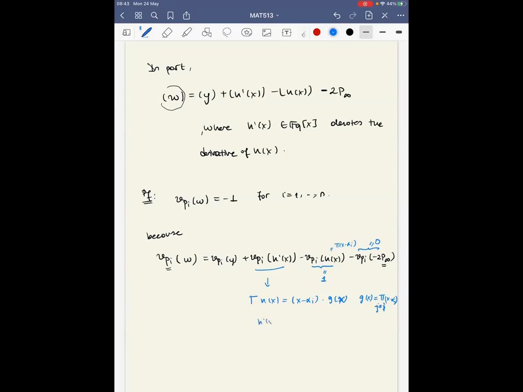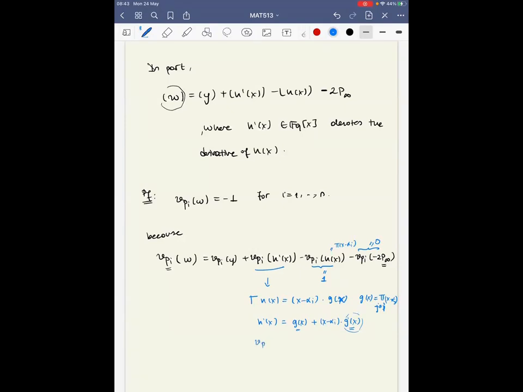In this case, its derivative by the product rule is going to be g of x plus x minus alpha_i times the derivative of g of x, and the derivative of g of x does not contain the factor x minus alpha_i, since g of x does not contain x minus alpha_i as a factor.